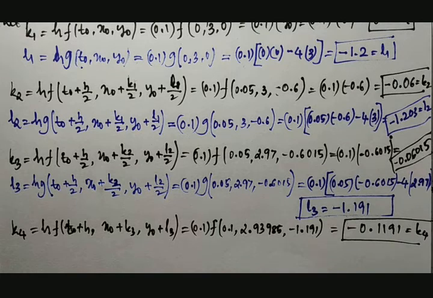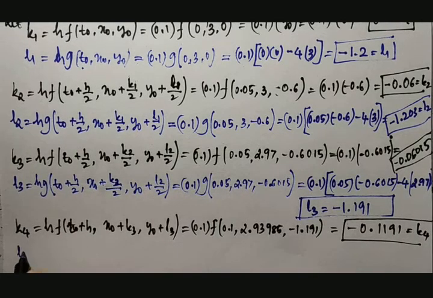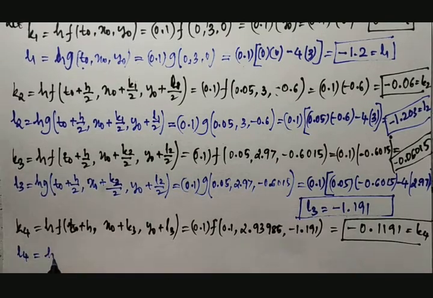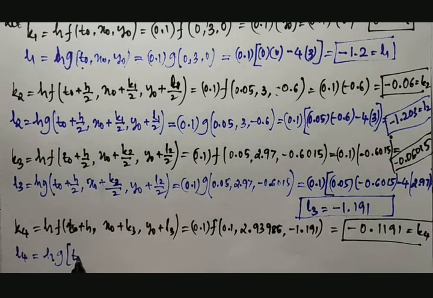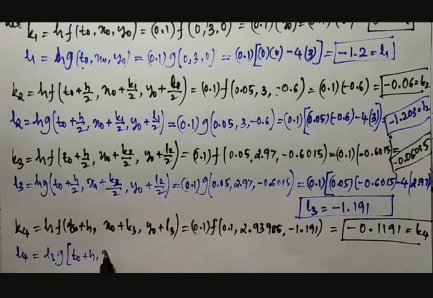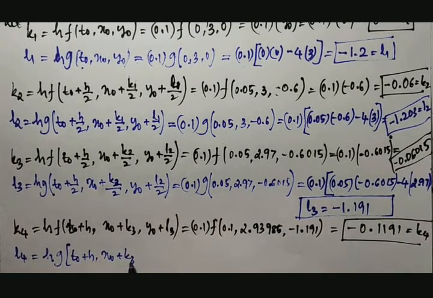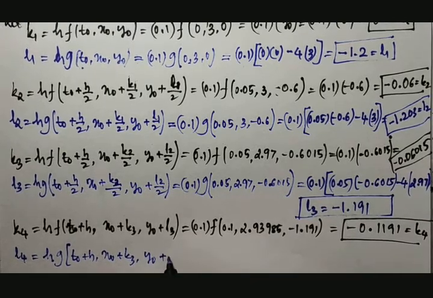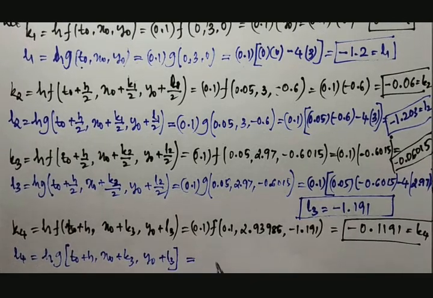We'll be taking L4. So L4 is equal to h into g of t naught plus h, x naught plus k3, y naught plus L3.